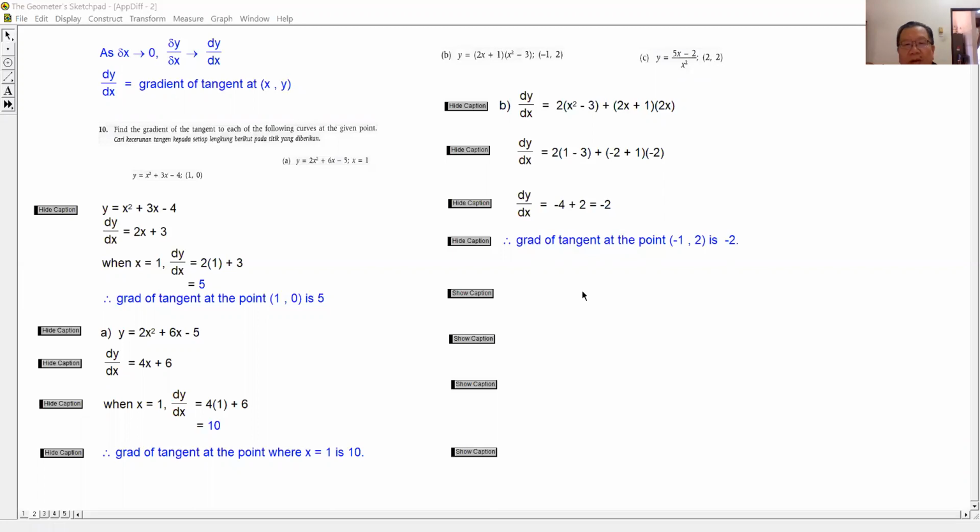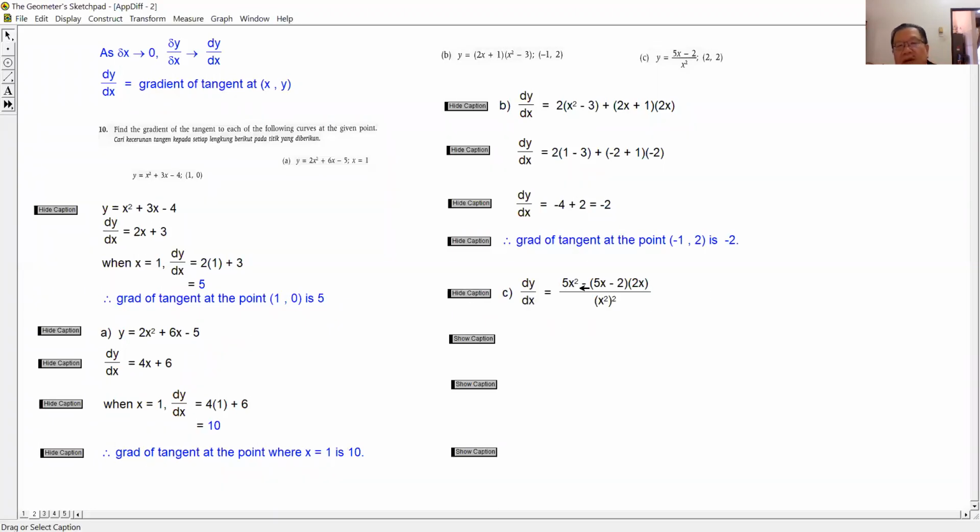So if I want to differentiate this function y with respect to x, of course, we break it into two parts. The top part, or the numerator, the bottom part, or the denominator. So what must I do first?